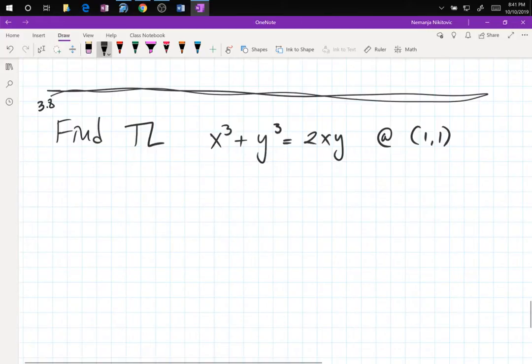All right, so now I'm going to show you a boss move for implicit differentiation.